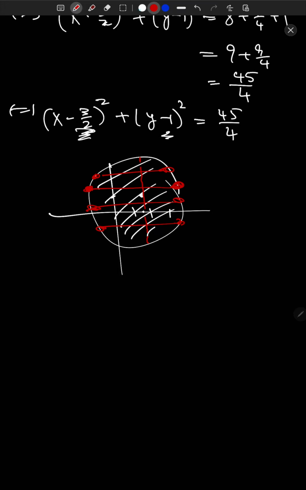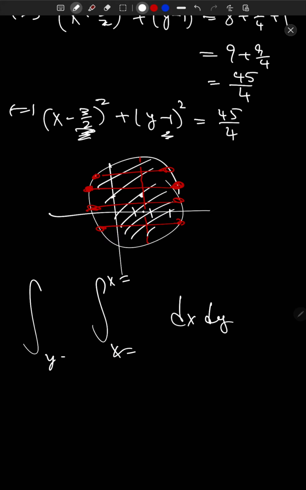And so our limits of integration are going to be, we're doing dx dy, we're doing dx first, so x equals something, y equals something to y equals something. We want our semicircles described as x equals something. So we just solve for our x's from our equation of our circle.